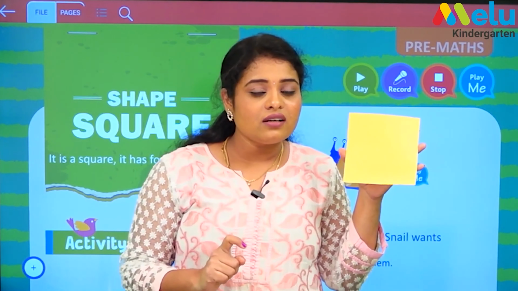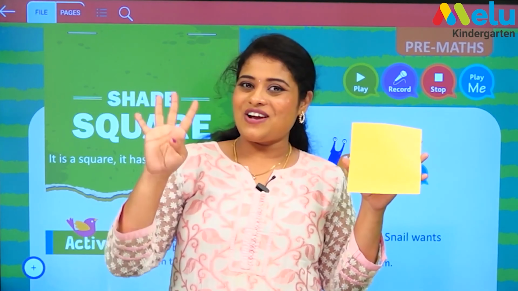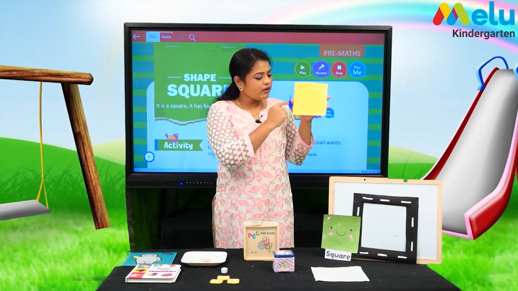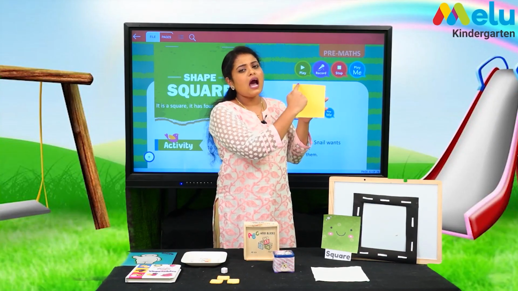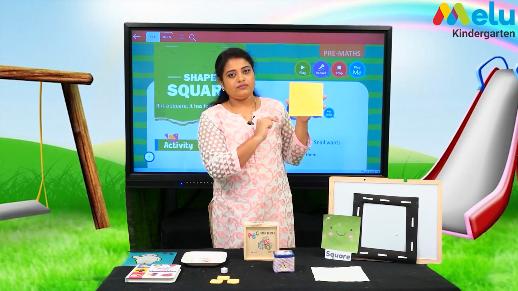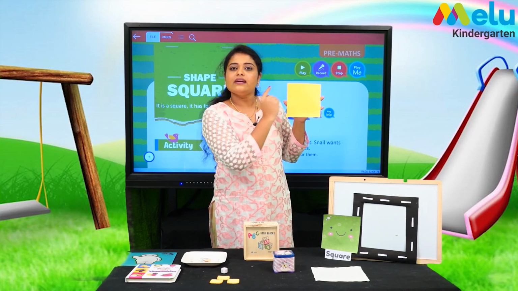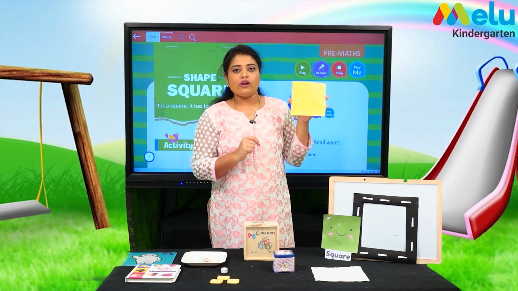So, how many sides does a square have? 4 sides. And all the 4 sides are equal. So, all the 4 sides in a square are equal.